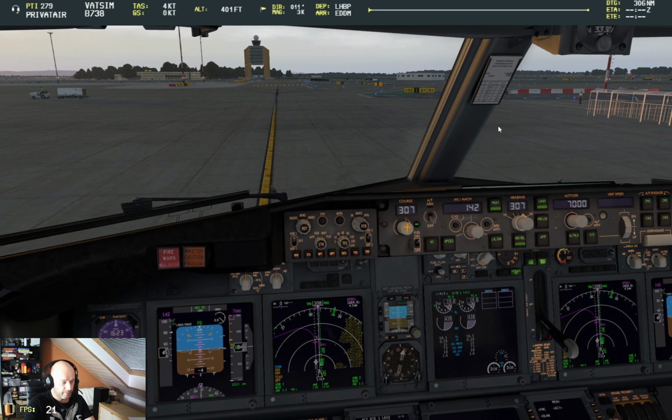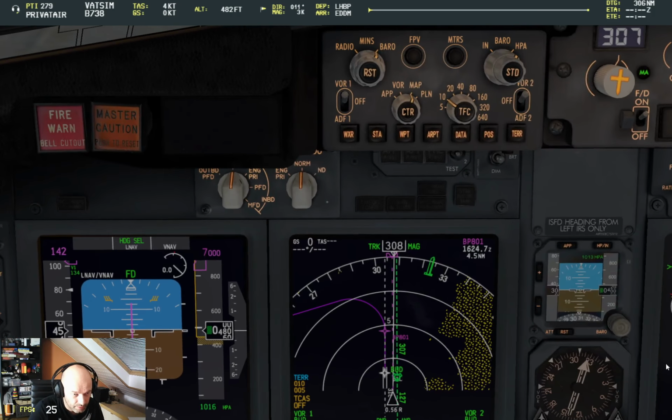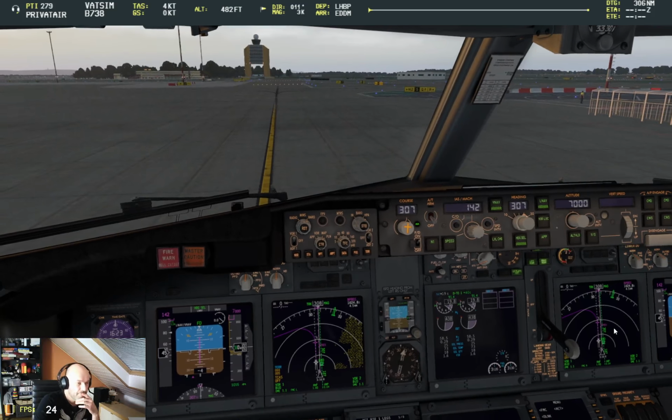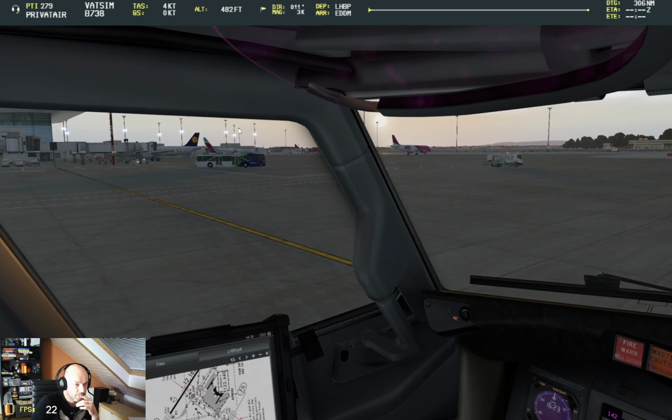And now we have to wait. Maybe we should set the QNH. It just crossed my mind. So 1016 and 1016.